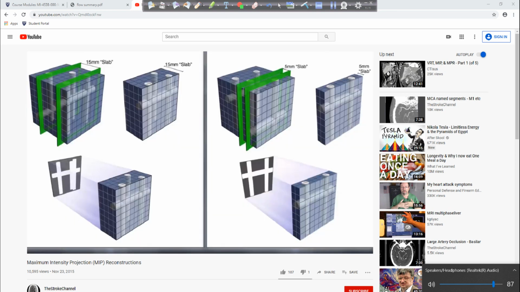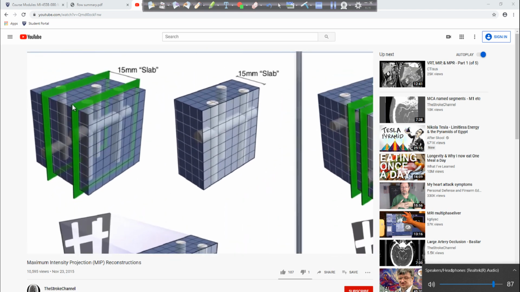So instead of projecting across the entire brain in the z-axis, we choose slabs that are not the entire extent of the z-axis, but in this case, let's say 15 millimeter slabs.